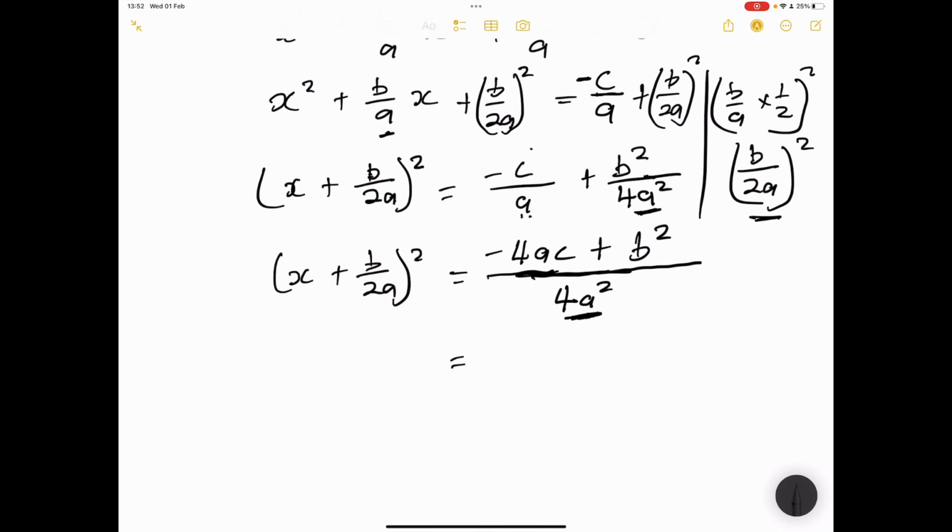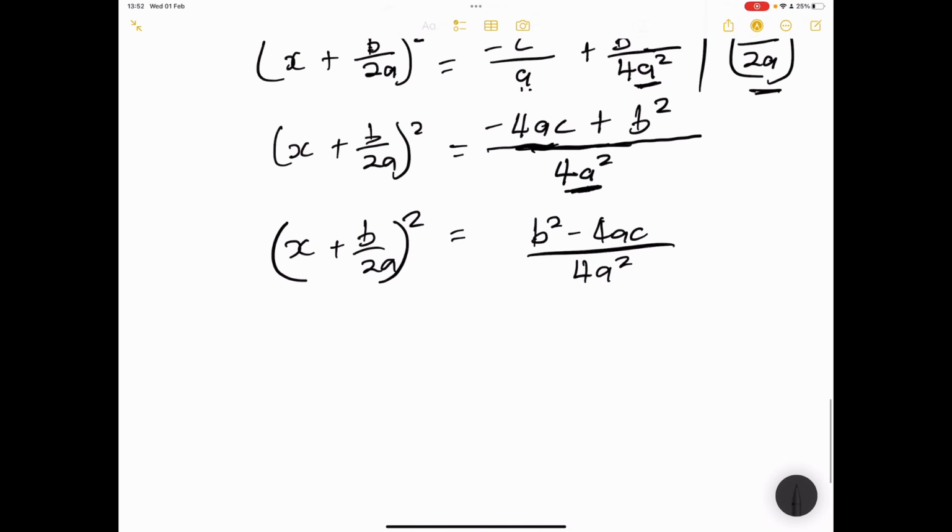So on the right hand side, I've got b squared minus 4ac, just to put it nicely, divided by 4a squared. And on the left hand side, I've got x plus b over 2a, all squared. Now, what we're going to do is take the square root on both sides, but remember we say plus or minus.